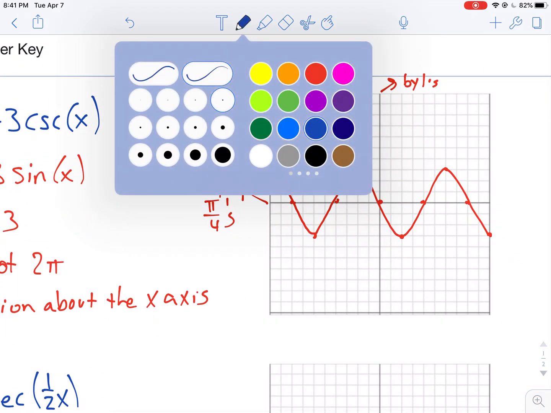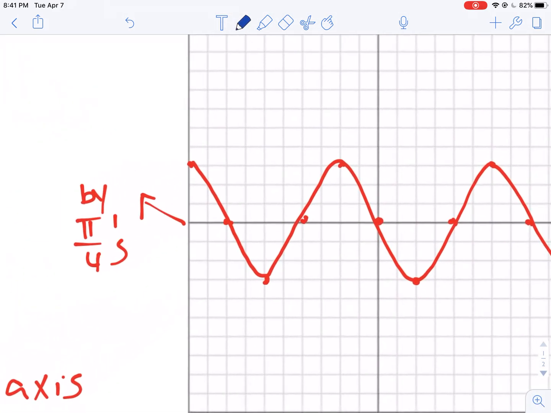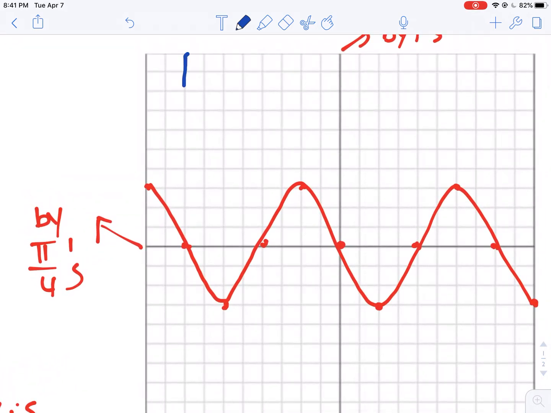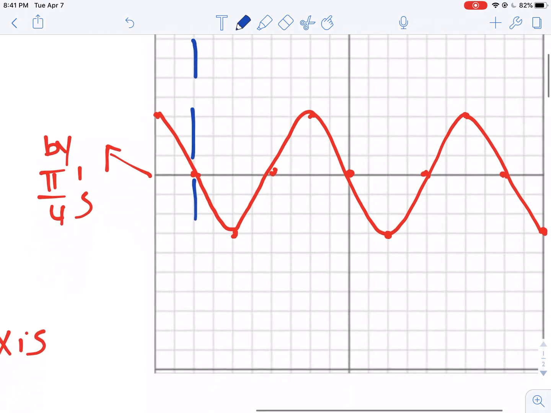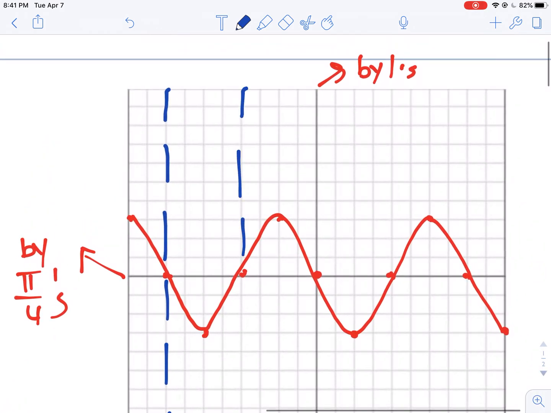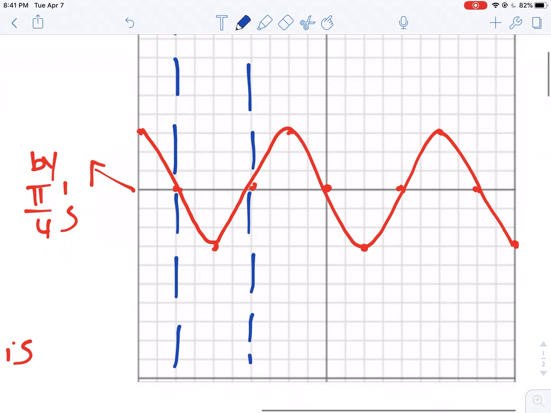Now, I'm not going to go into the theory of this, all the theories in the notes. I'm going through how you get the answers for the homework. I know that I need a vertical asymptote wherever this graph of -3 times the sine of x intercepts the x-axis.